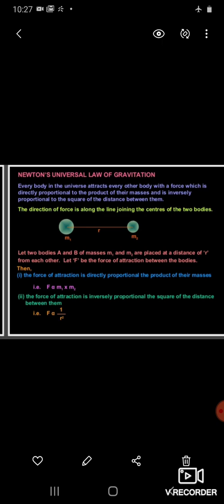The direction of the force is along the line joining the centers of the two bodies. Let the two bodies A and B of masses m1 and m2 be placed at a distance of r from each other. Let F be the force of attraction between the bodies, or you can say that F is the force of gravitation.